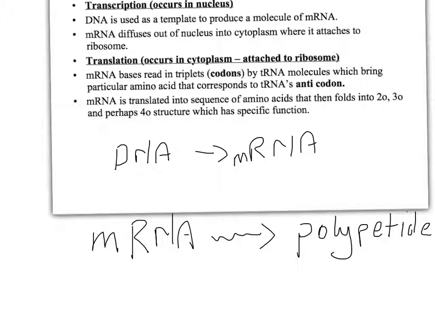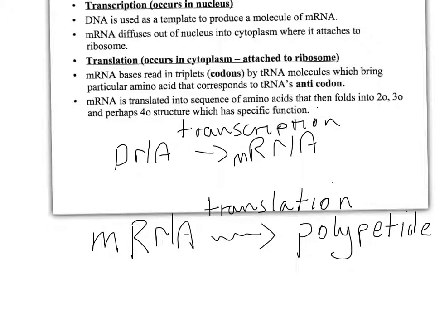So mRNA to polypeptide, and that is translation, as opposed to this, which here is transcription. Those are the two things I want you to take out of this slide.